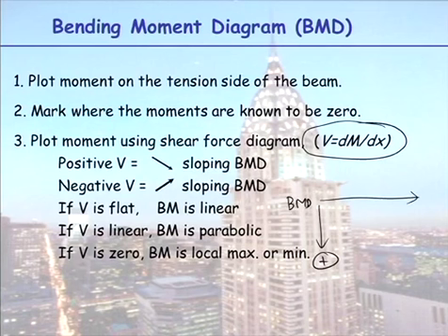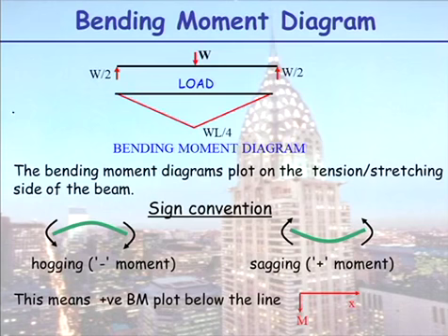So, for plotting the bending moment diagram, you draw your bending moment on the side of the beam that's stretching in tension. So if you can imagine how it's deflecting, that will help you to start off with. You mark where the moments are known to be 0, and you start plotting. So rather than run through that, I'll go do an example. Bending moment diagram. What is a positive bending moment?